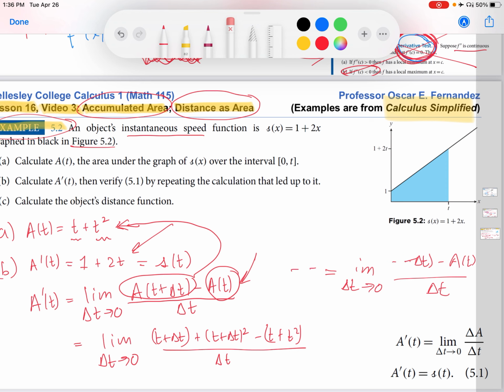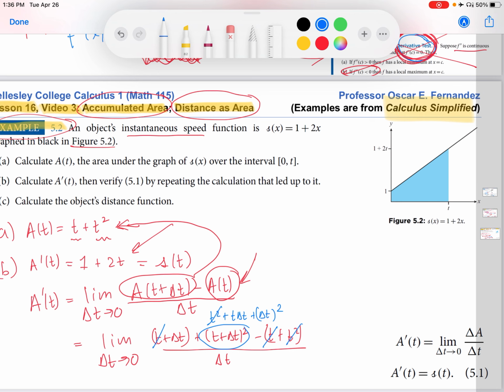Okay, so then I'm just going to simplify the numerator here. We see that in this part of the numerator, I can square things out. I get t squared plus 2t delta t plus delta t squared. And then this t cancels with this t. Great. And then this t squared cancels with this t squared.